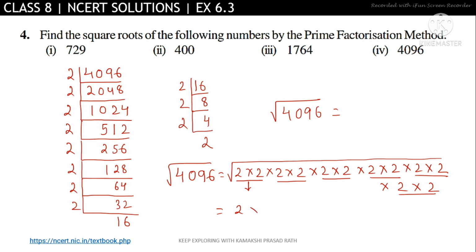So we have 2, again 2, 2, 2. As we have 6 pairs, we'll get 6 2s. So 6 times 2 we are multiplying. So we get 2 2s are 4, 4 2s are 8, 2s are 16, 2s are 32, 2s are 64. Hence the square root of 4096 is 64.